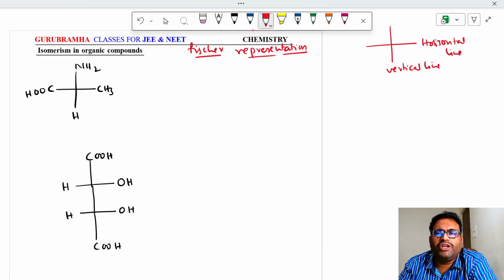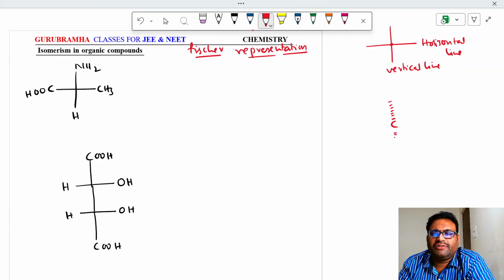The molecule is represented in the form of a cross, where there is a vertical line and a horizontal line. At the center there is a carbon atom.